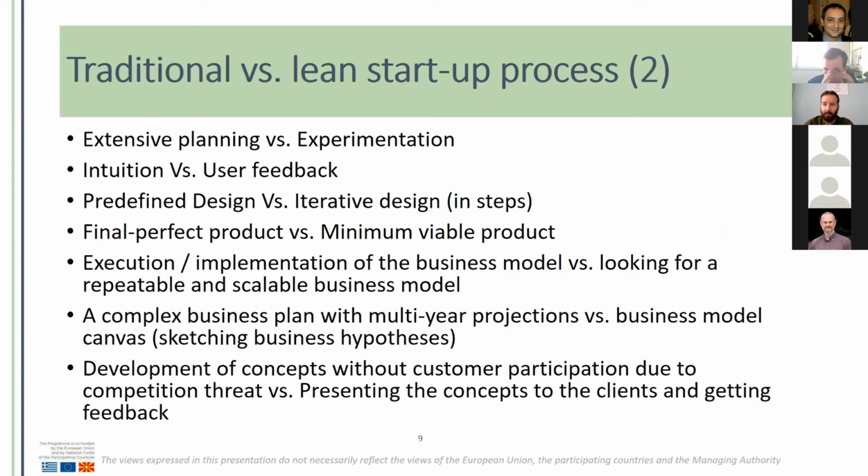So you have to have it right the first time. Right now, with the lean startup process, you get a lot of user feedback. So you don't base your product on intuition, but on the feedback that you get from customers. That's really important. And in that way, it's much easier to make a better product.